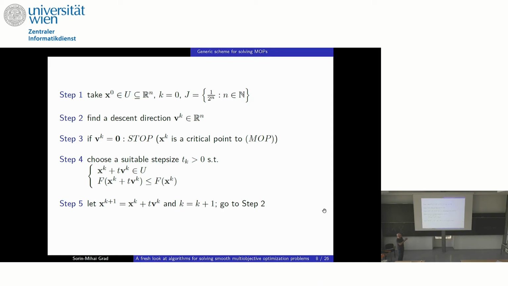And if you haven't fulfilled the stopping criterion, then choose a step size, iterate, go back and so on. So the classical type of algorithm. And we intervened here in their work. Basically, we propose a new way of finding, or iteratively finding, descent directions. That's what is brought by our work.